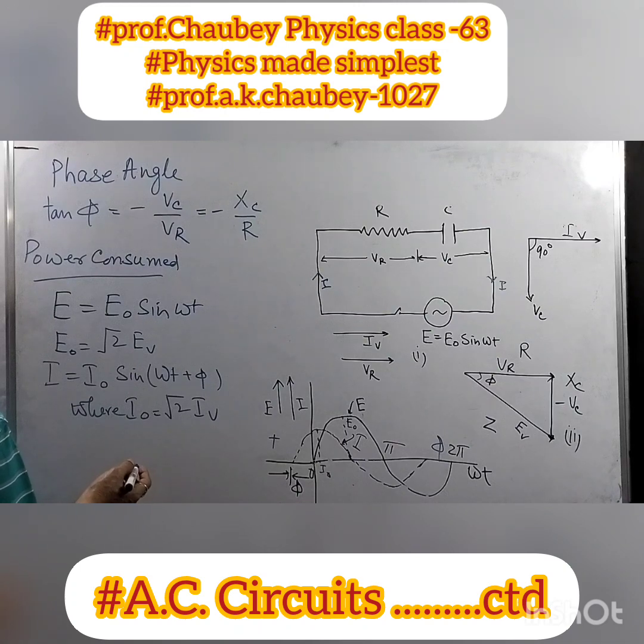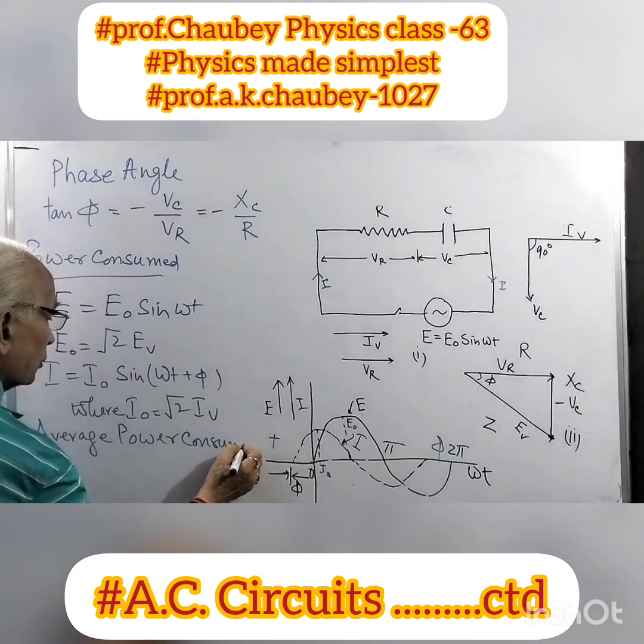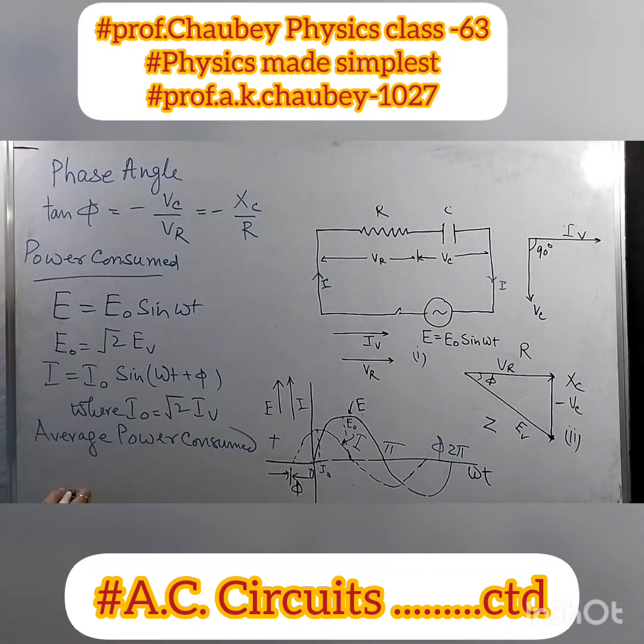And average power consumed, average power consumed will be equal to E I, and that is E I, E and I. So this E naught root 2, E_V root 2, so this will be 2.